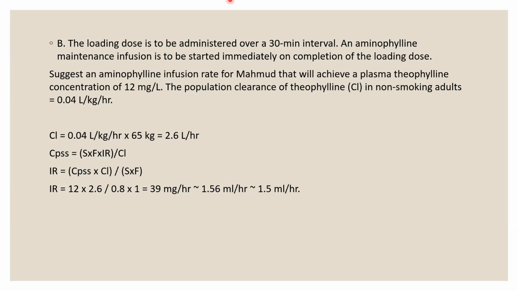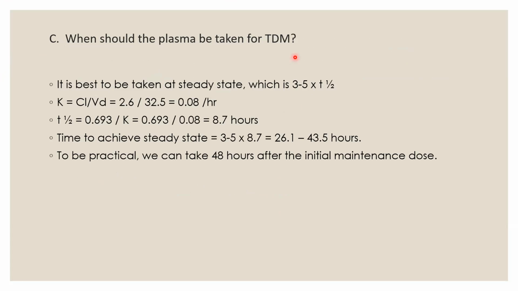Next, when should the plasma be taken for TDM? In order to adjust the dose, it is best to be taken at steady state, which is 3 to 5 times half life. So we have to calculate the K. K is clearance divided by VD, so we get 0.08 per hour, and the T half is 0.693 divided by K, so we have 8.7 hours.